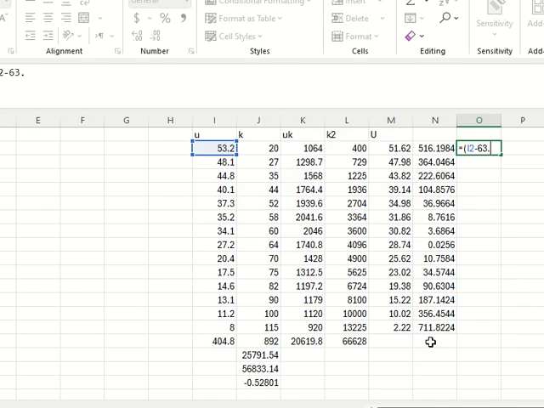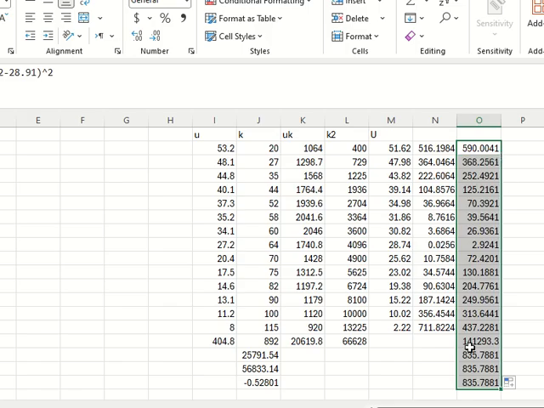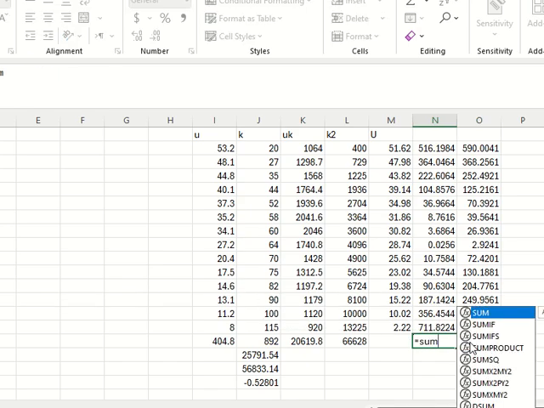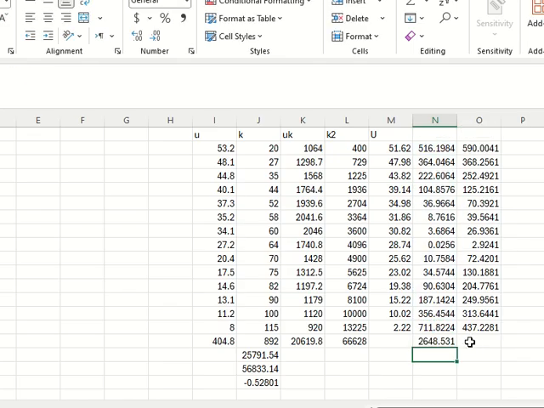Yeah, 28. Then I will take the sum of both columns, and R square is a ratio of these two values.